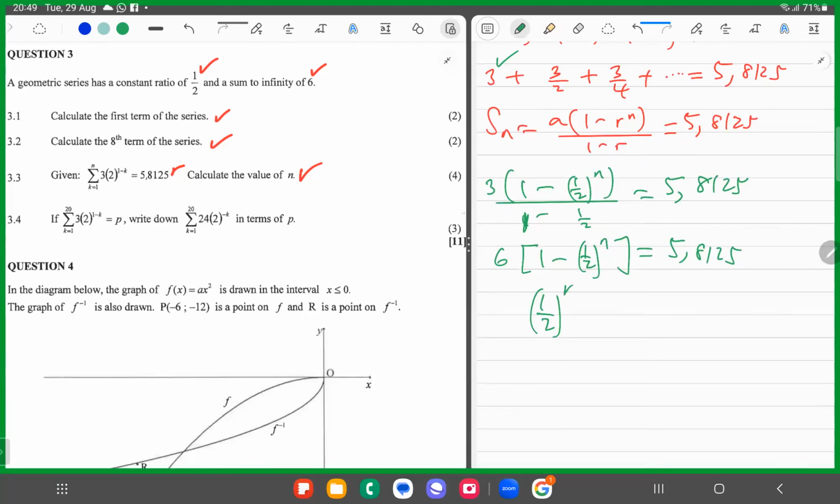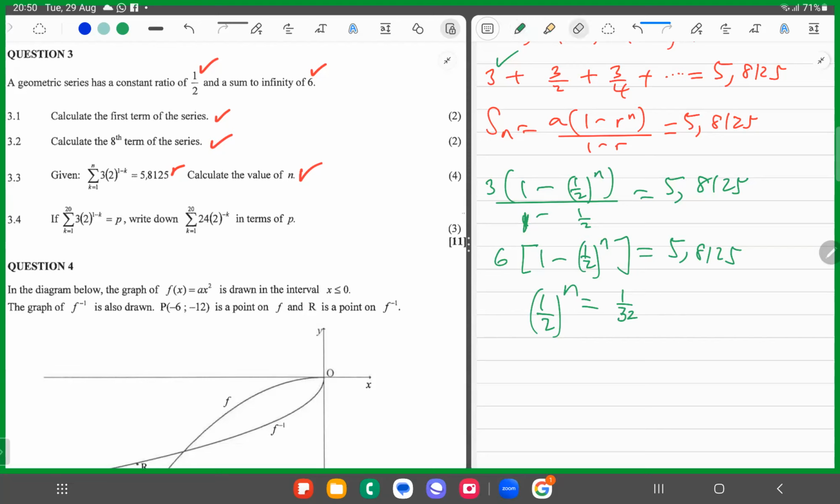This is that. So this is 1 over 32. If you simplify everything, you divide through by 6, you make 1/2 to the power n the subject of the equation. This is what you get.